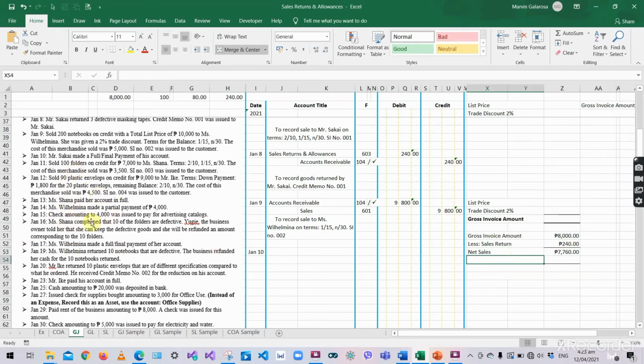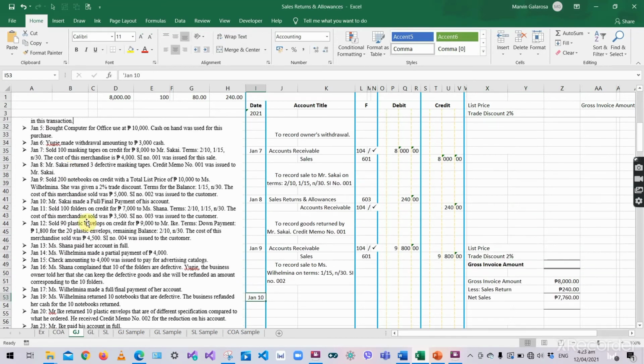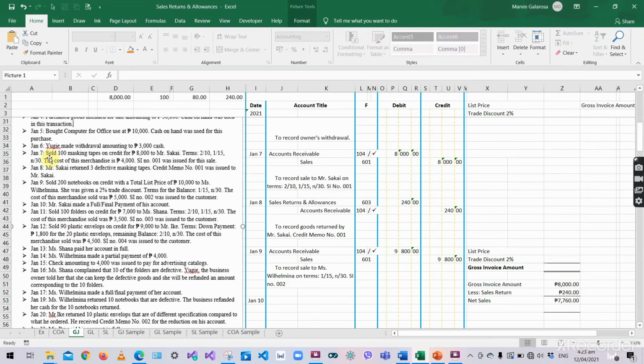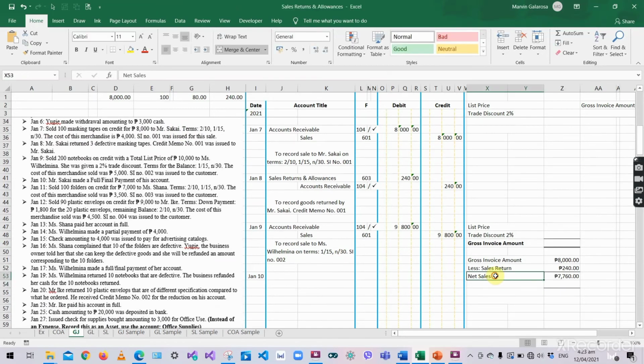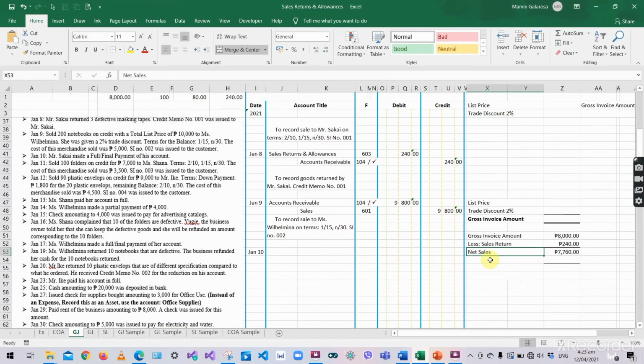Siya ba ay entitled sa discount? Let's check. January 10 yung full payment niya. Nangyari yung sale sa kanya, January 7. So, within 10 days from the date of sale. So, meron siyang 2% na sales discount. Para di kayo ma-confuse, lagay na lang natin balance.